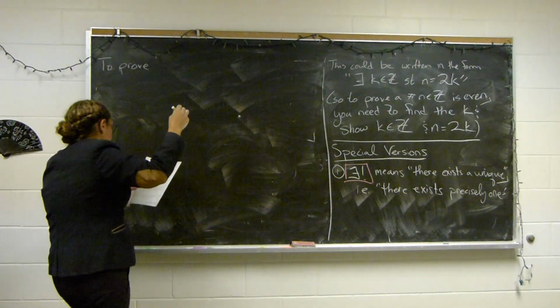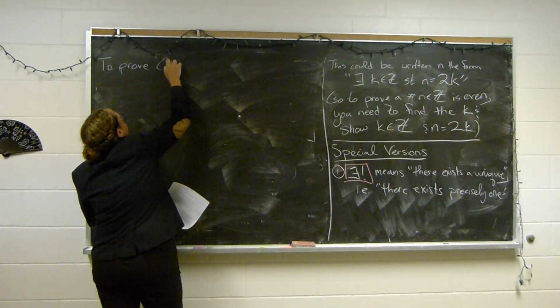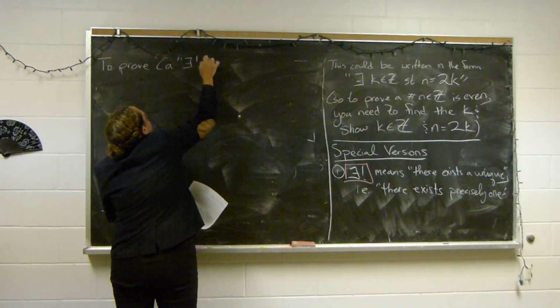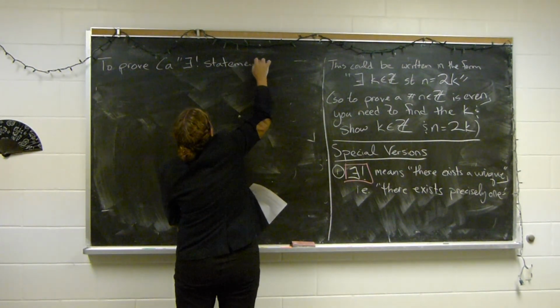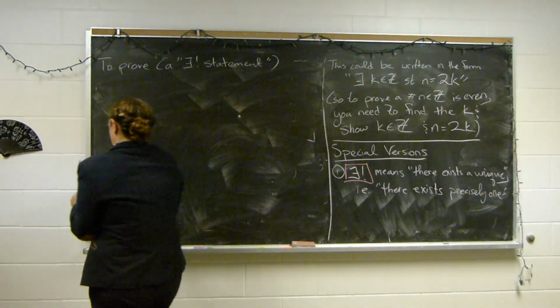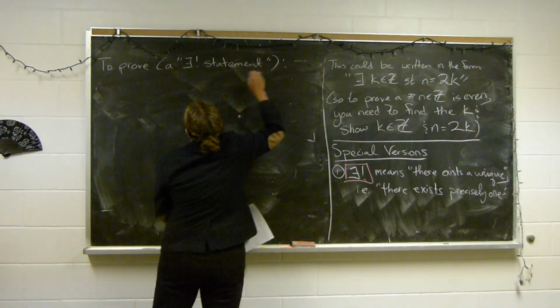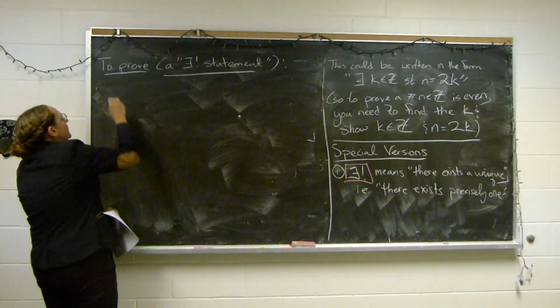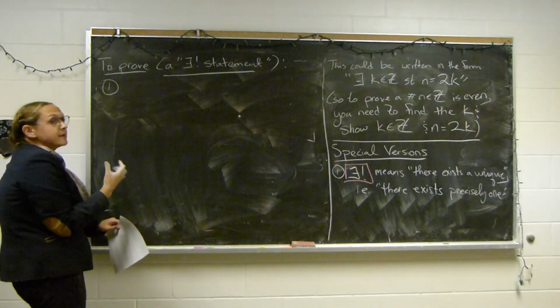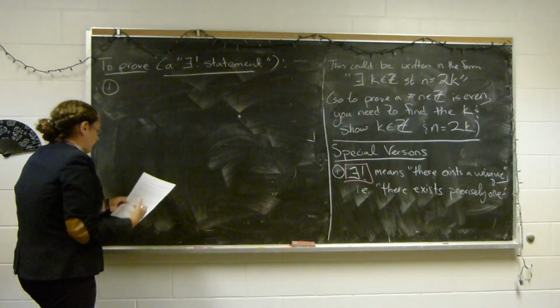To prove a there exists unique statement, the first part is the same as for a typical there exists proof.